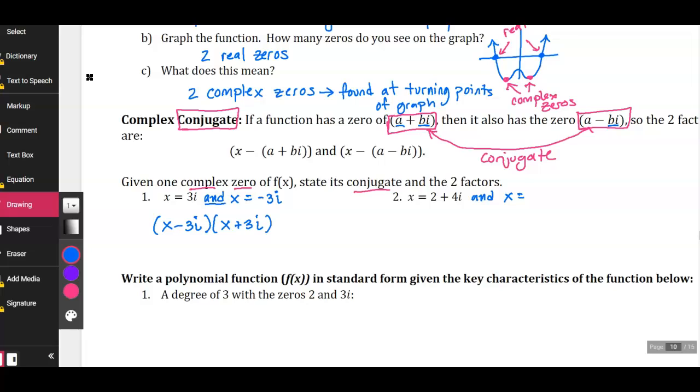You are just changing the sign between the a and the b value. So it becomes 2 minus 4i. That being said, what are my factors given these two complex zeros?